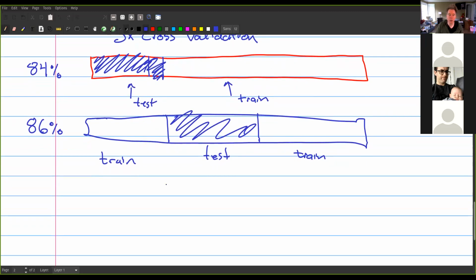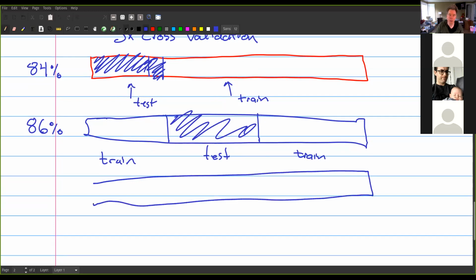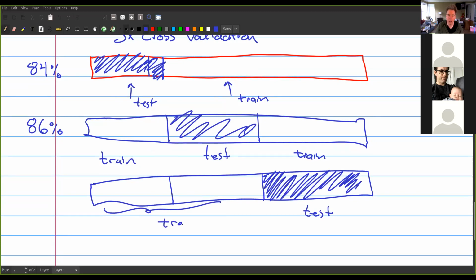And then finally you leave out the last third. So this assumes that this X train has been shuffled. Otherwise this wouldn't be good because the probability distributions might be different on these 3 different segments. But now this one will be the test, and these 2 will be the train. And let's say that you get like 82% this time.